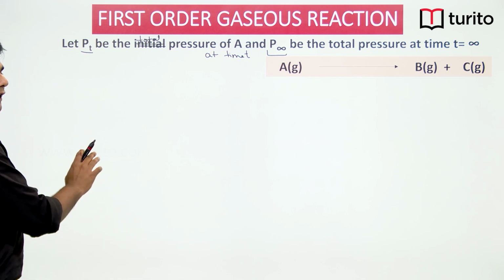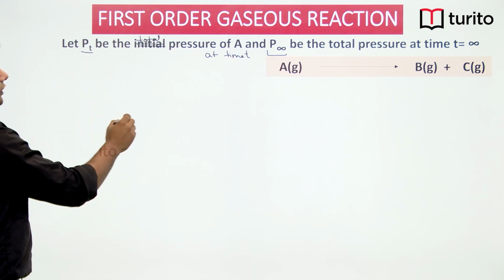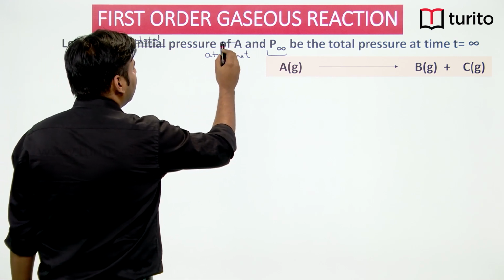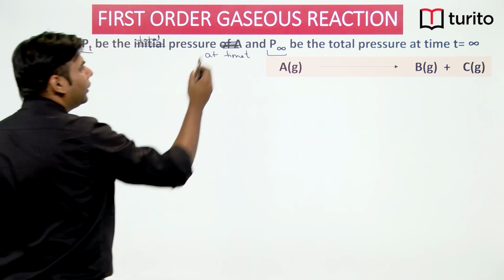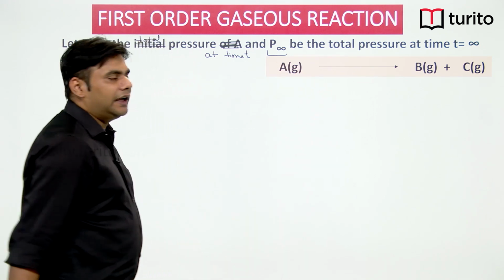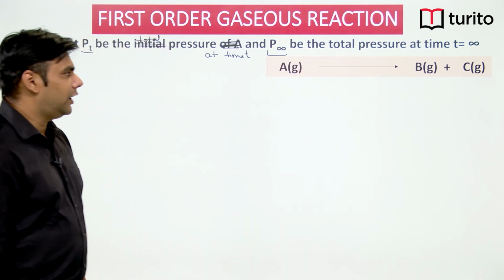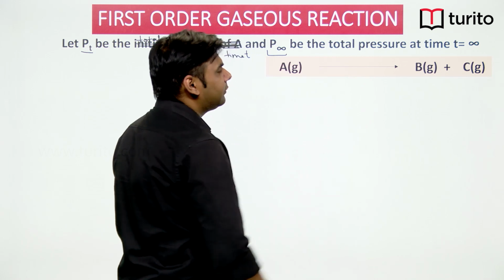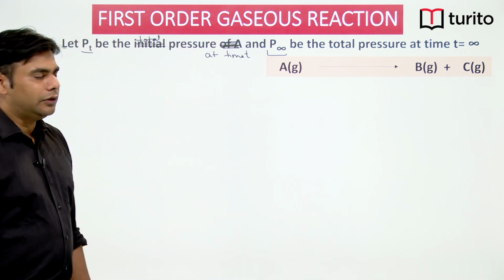So basically, the data given to us is Pt, the total pressure at time t, and P infinity, the total pressure at time t equals infinity. Now I will explain why we are taking time t equals infinity.